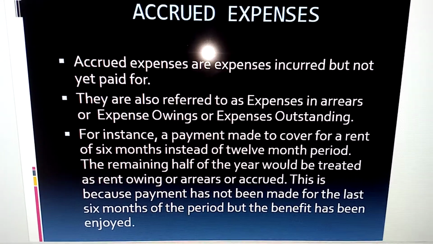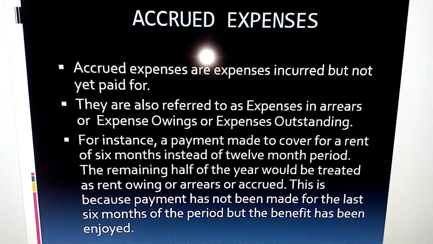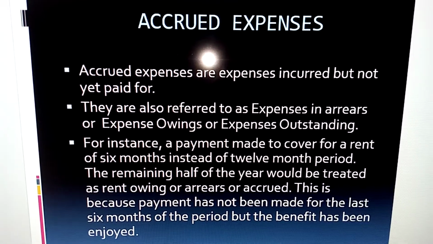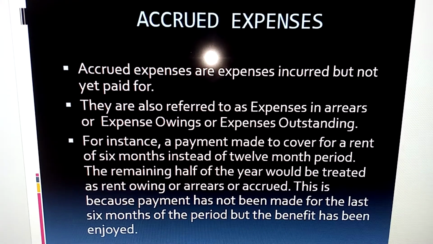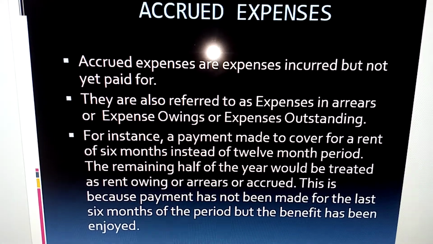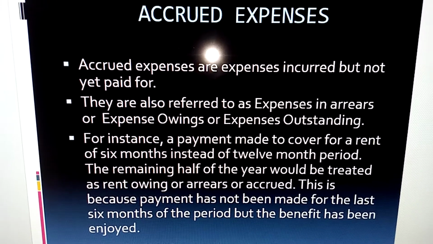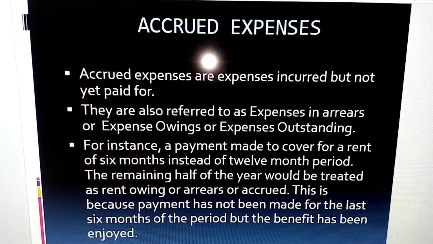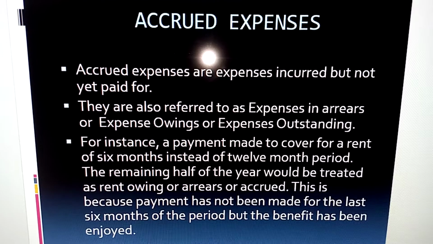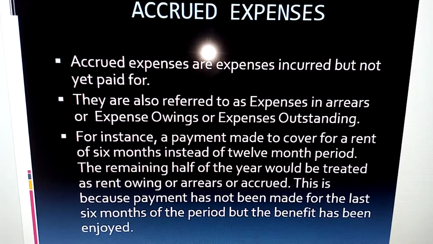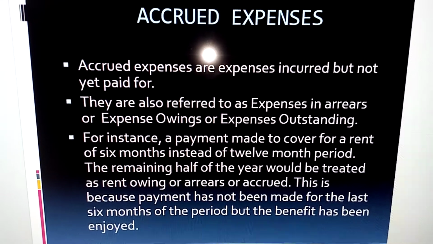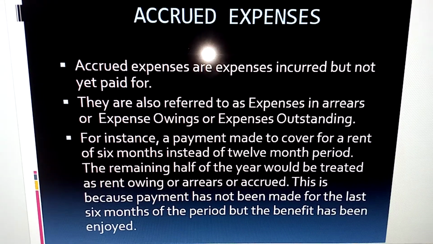You see, for instance, you paid for rent for 6 months instead of for 12 months. So it means that the first 6 months that you paid for is what you have enjoyed, together with the last 6 months that you are yet to pay for. So it means that the last 6 months is the rent that is in arrears or accrued.